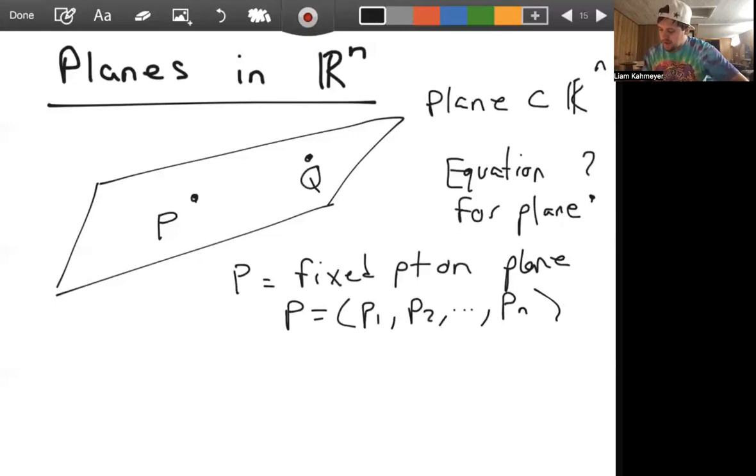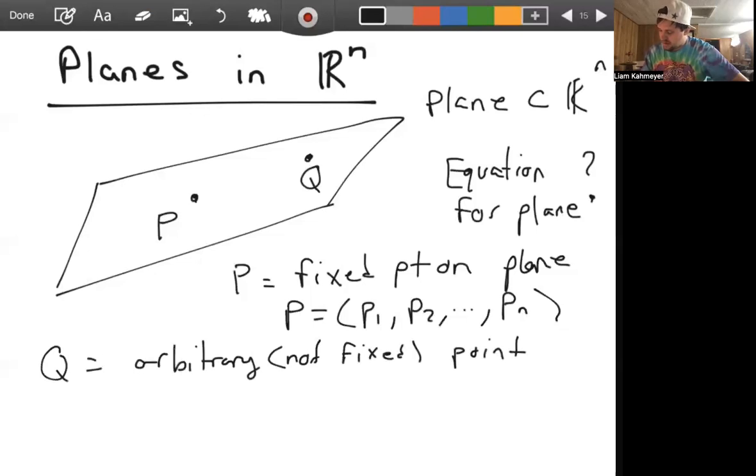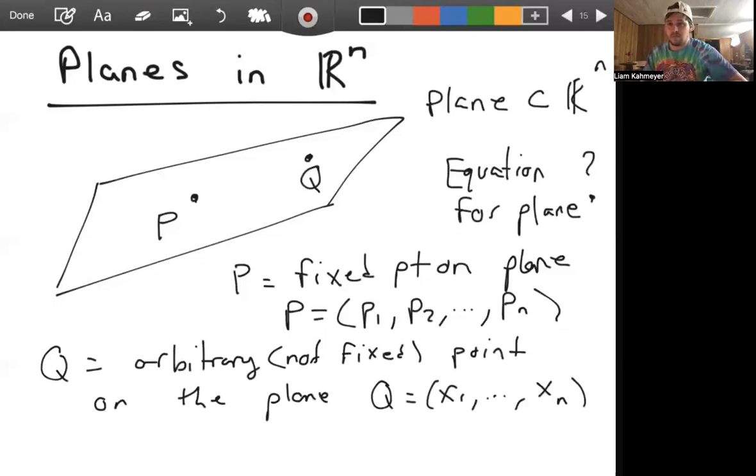And I'm going to say that by saying Q is an arbitrary and not fixed point on the plane. And since this is arbitrary and not fixed, that means it can vary. And so in coordinates, let's give it variables, say x1 through xn, right?